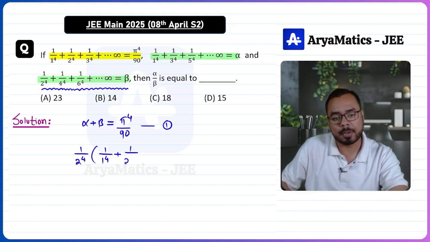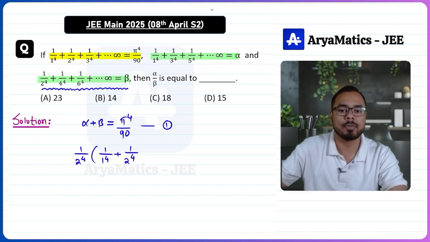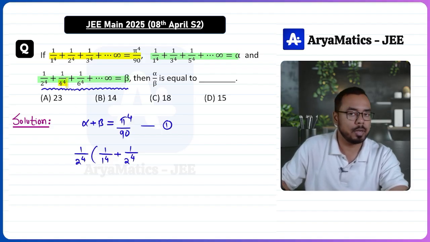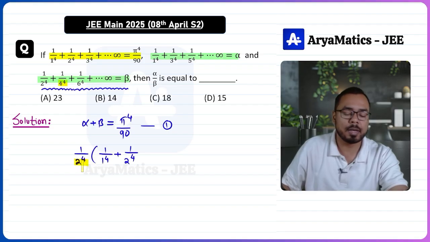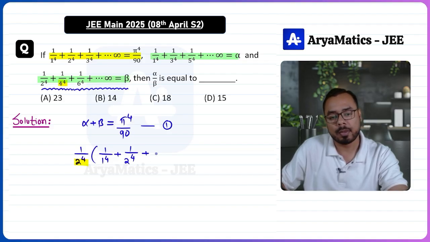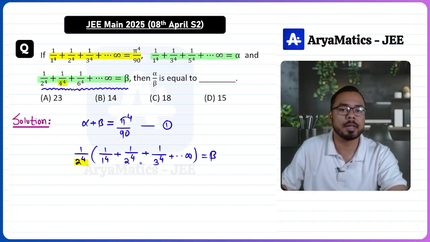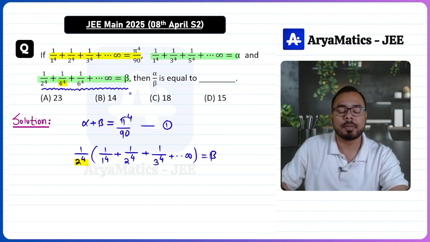Next one will be 1 by 2 raised to 4, right? This 4 we can write as 2 into 2, 2 raised to 4 we have taken common. So next term will be another 2 raised to 4. Similarly, 1 by 6 raised to 4, 1 by 2 raised to 4 we have taken common, so this will become 3 raised to 4. And this thing will continue up to infinity. This is given as beta, right?